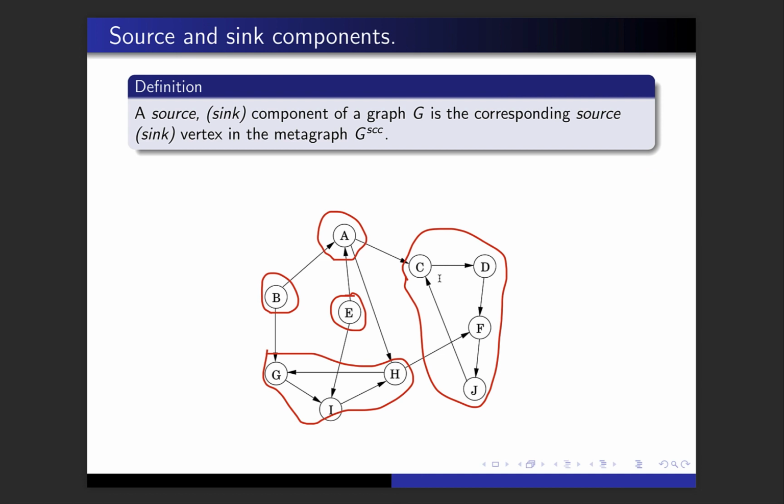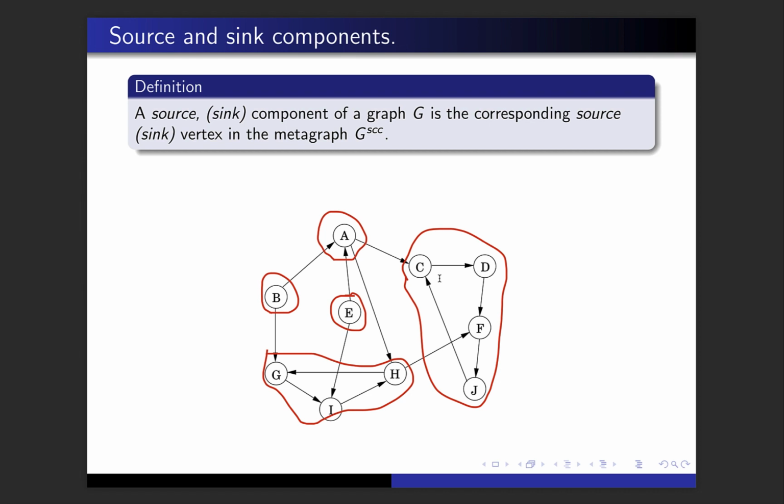A sink component is at the end of this acyclic meta graph. And if you're ahead of me, you may be thinking that I know how to find a topological sort, and I know that the last vertex in that topological sort is in a sink component.